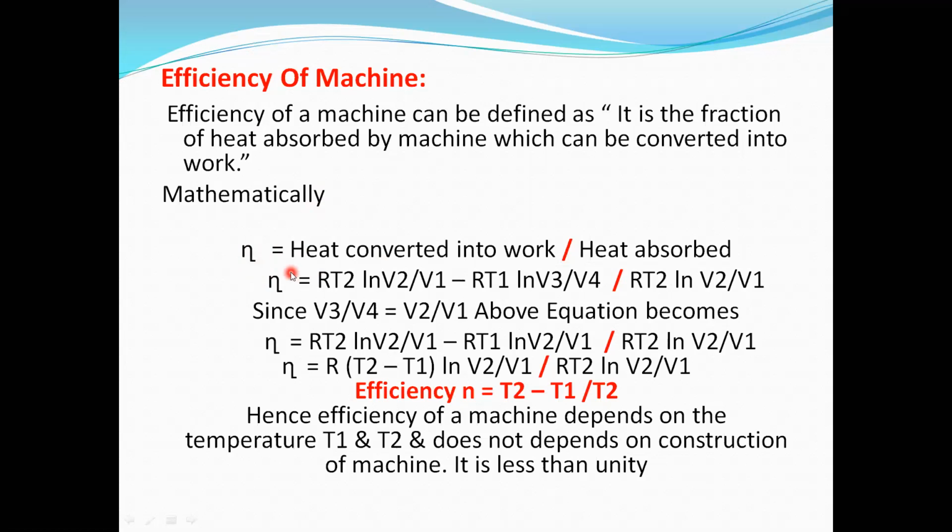Eta is equal to heat converted into work divided by the heat absorbed. So this is the formula for efficiency of a machine. Efficiency is denoted by eta. Efficiency is equal to how much heat is converted into work, divided by heat absorbed.